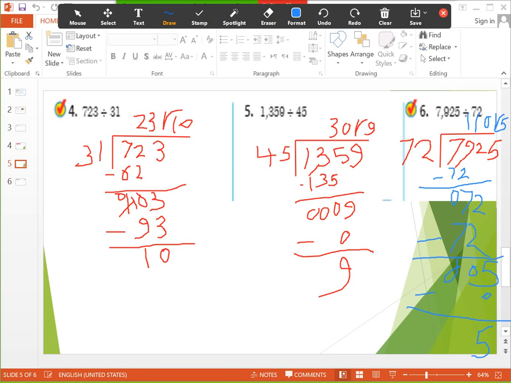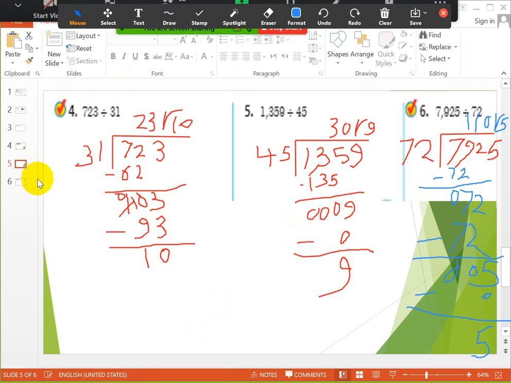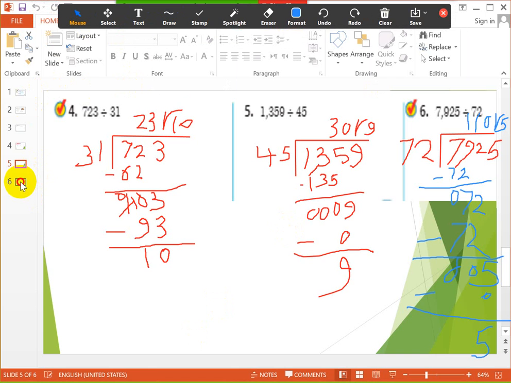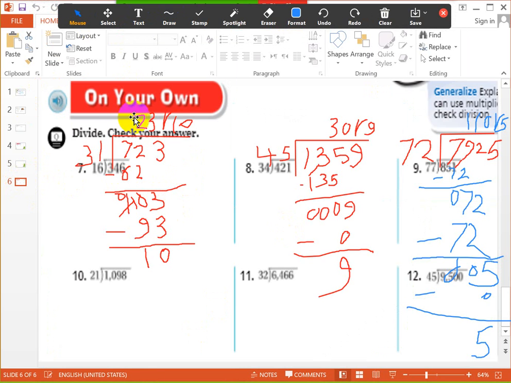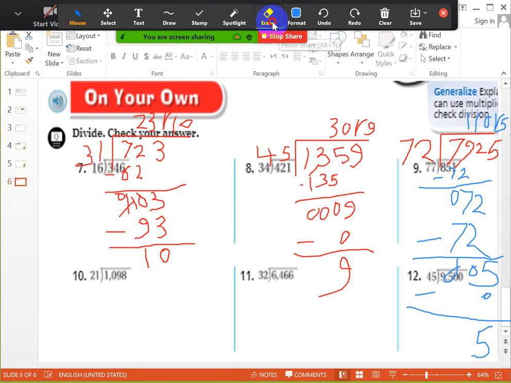Thank you. Now we will move to exercise 7. I want to divide the numbers. I will see, I will finish all the exercise if I can. If I can't, I will stop, okay? Now let's see exercise number 7. I'll erase this.